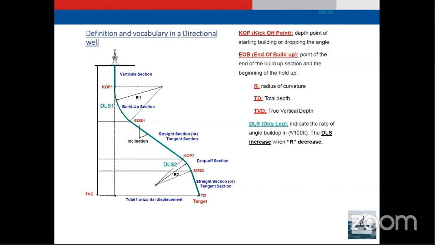Sometimes the pipe may fail mechanically if the dog leg increases largely. So we should measure the dog leg severity at each 100 feet to determine the maximum depth we can reach, and we control and correct the angle.